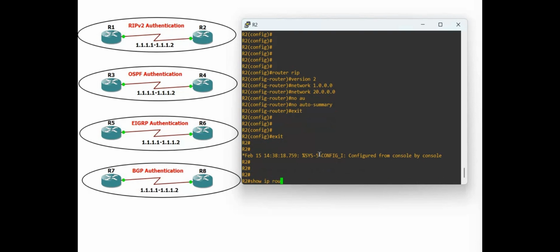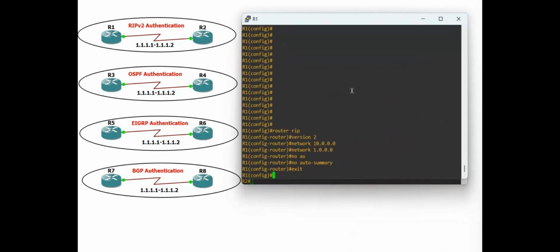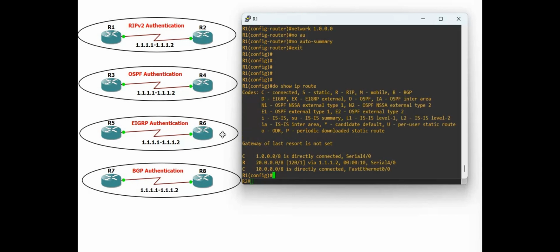Show IP route, you can see the 10 dot network with R for RIP. Now on router 1, do show IP route, and you can see the 20 dot network in the router 1 routing table.